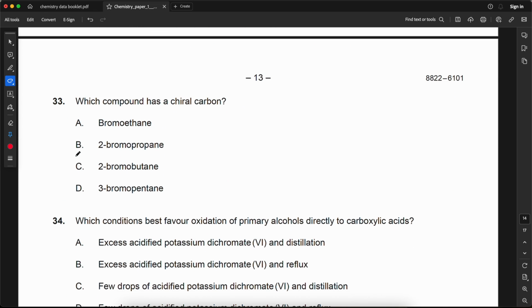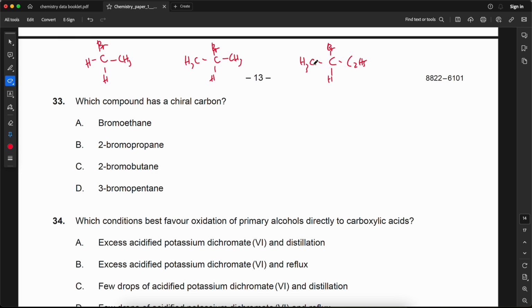Which compound has a chiral carbon? A is CHBrH CH3, bromoethane. B is CH3, CHBr, CH3. It's 2-bromopropane. And the third one, C, CH3, CHBr, C2H5.